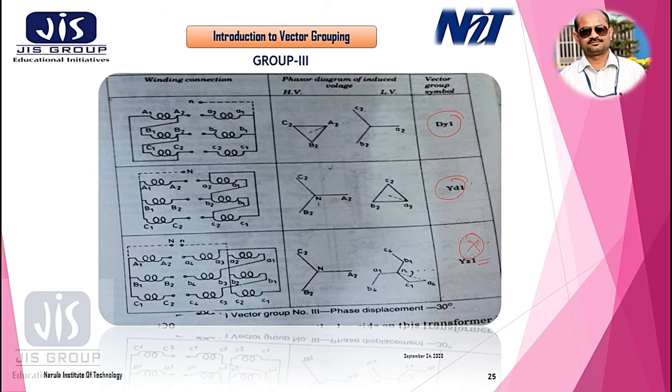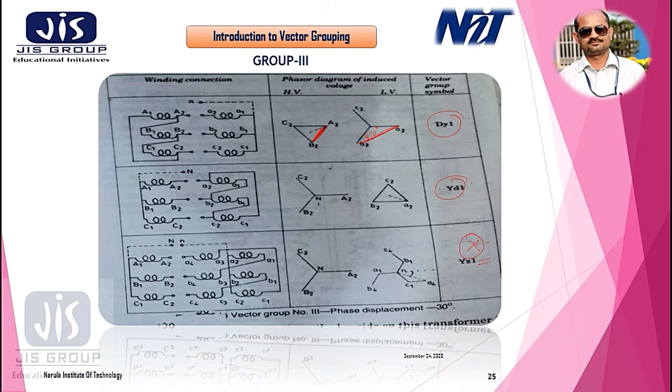So look here, if you consider my secondary line to line voltage A2 B2, this angle is 30 degrees.